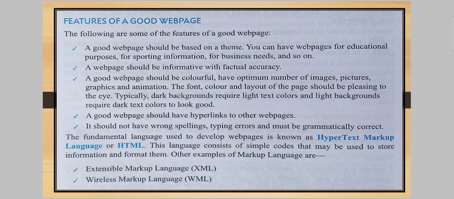Typically, a dark background requires a light text color, and light backgrounds require a dark text color to look good. A good web page should have hyperlinks to other web pages. It should not have wrong spelling or typing errors, and must be grammatically correct. Okay, and all of you have to remember these points when you need to create any type of web page.